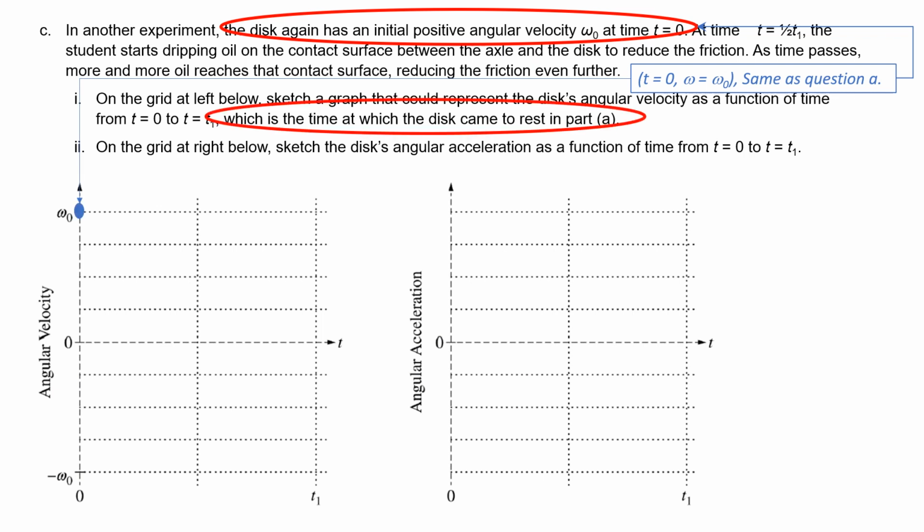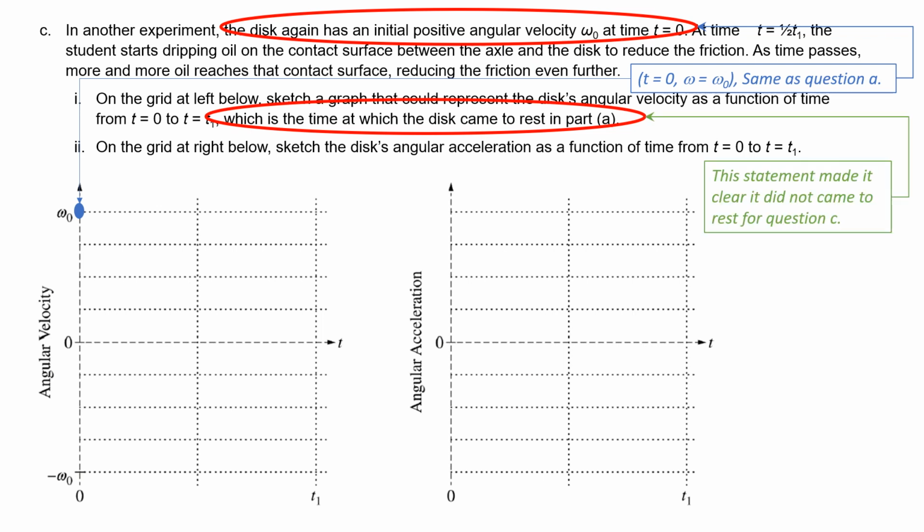Now, if you read closely to part C, sub t sub 1, which is the time at which the disk came to rest, this statement made it clear that it did not come to rest for question C. So it will not end at 0 anymore. Okay? It will not end at 0 because of what? Because of the oil.